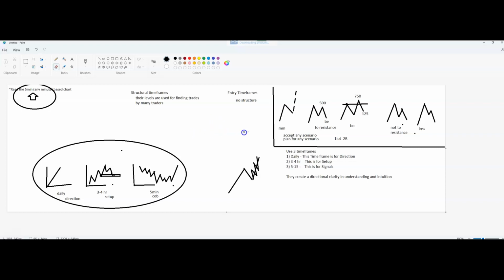You might have heard folks saying, oh, my system is 50%. But 50% to what target? This is not explaining what target. Let's say you have a good system and it's 65, 70%. There is no way all of the 70% are going to give you more than 5 to 1.